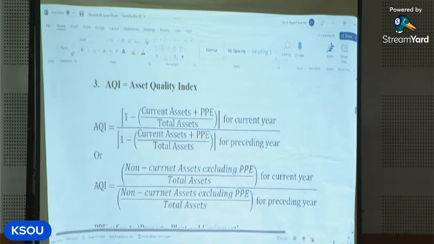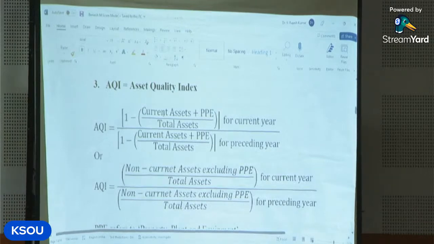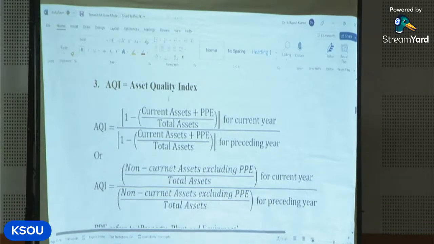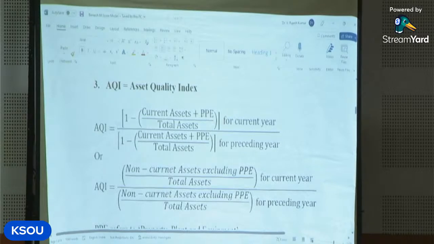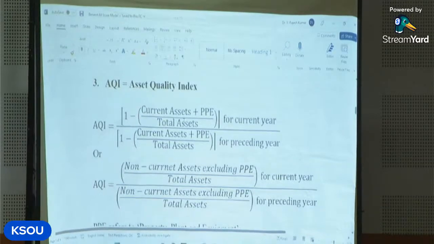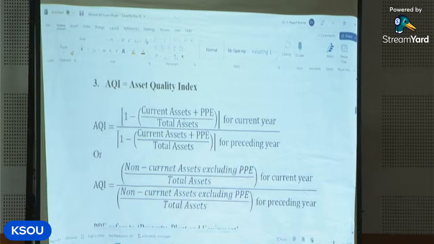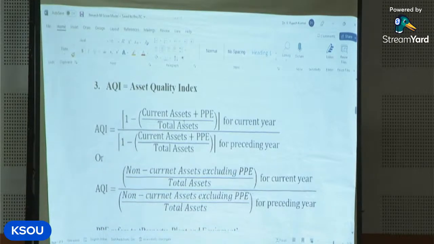Okay. Now, this is an interesting number. Asset quality index. Think and tell me. Friends, current assets plus PPE. What is PPE? Property, plant and equipment. When I divide by total assets, I get percentage of productive assets on total assets. Out of total assets, what is the percentage of productive assets?